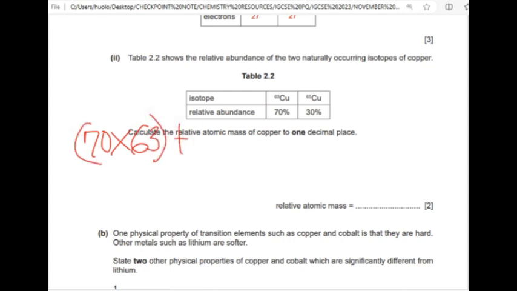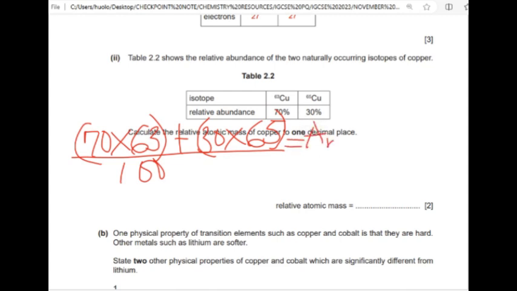You add that value to the 30% times the relative atomic mass of that copper, which is 65. Okay, we add them up over 100, and that gives us what we refer to as Ar, relative atomic mass.